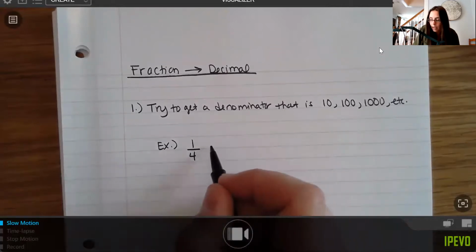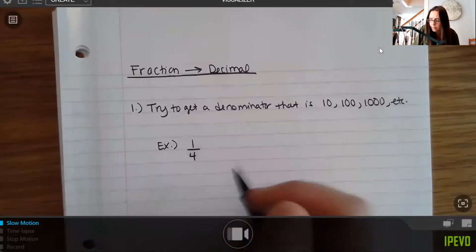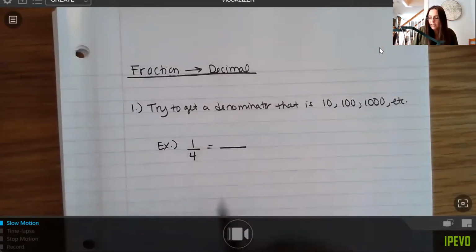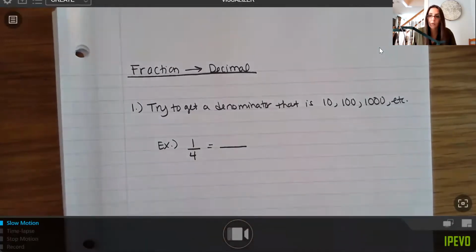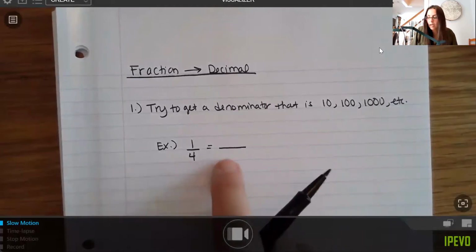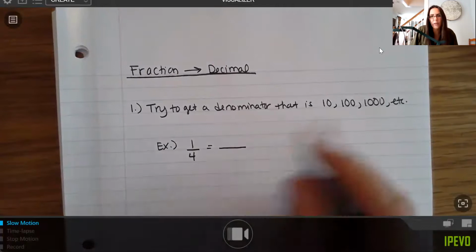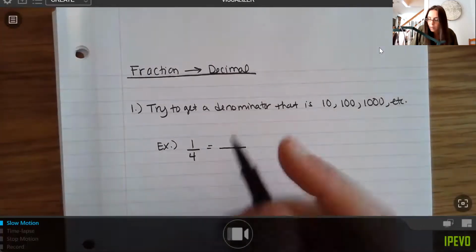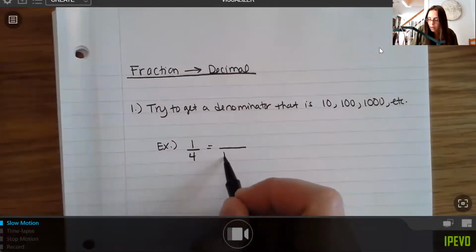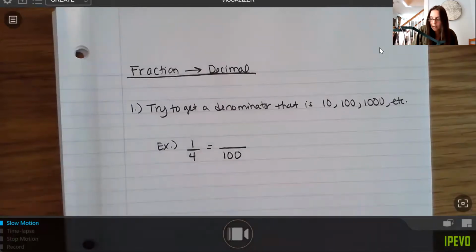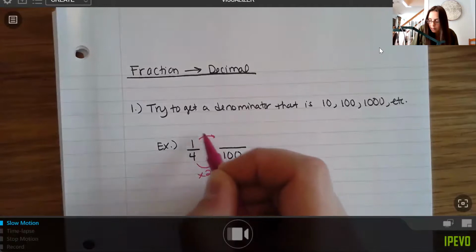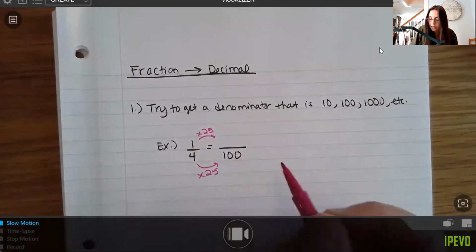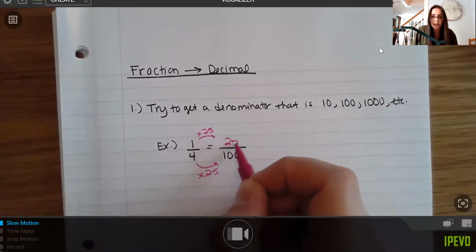So let's do 1/4. I want to see, can I get this easily, changing over using equivalent fractions to a 10, 100, or 1,000, or something higher. But usually those 3 are the ones we tend to stick with. So I can't really do an easy thing to 10, but I know I can do 1 to 100, because 4 times 25 is 100, and then 1 times 25 is 25.